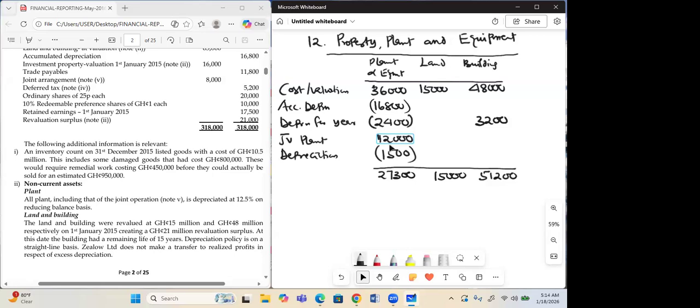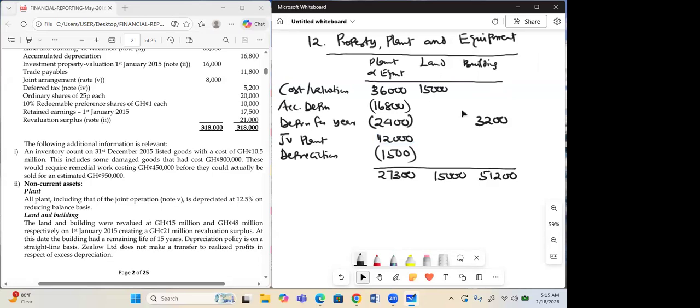I think the depreciation for the year for the building, you added to the cost instead of subtracting it. Oh, okay. Yes, that's right. The building, they revalued it at the beginning of the year.